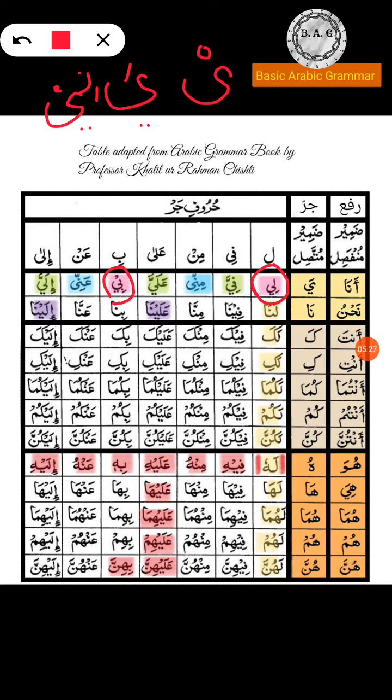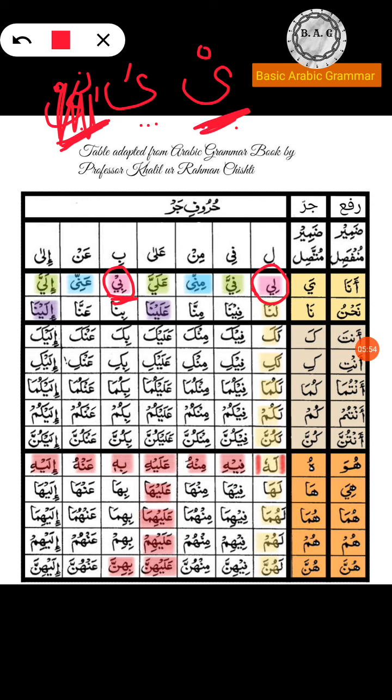This is something that we are going to study in fail and some haruf. I'm going to elaborate on it later, not in this lesson. So we are left with only these two. This li is actually this variant of ya mutakallim. Similarly, this b is also this variant.